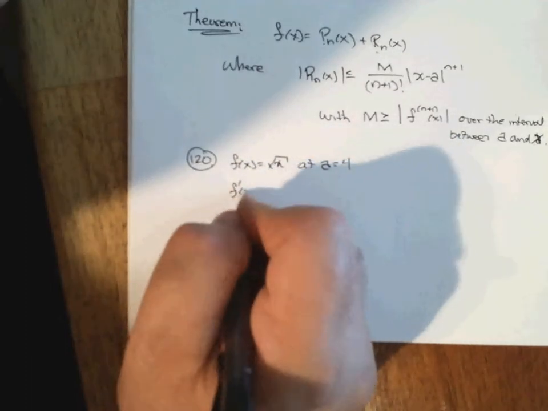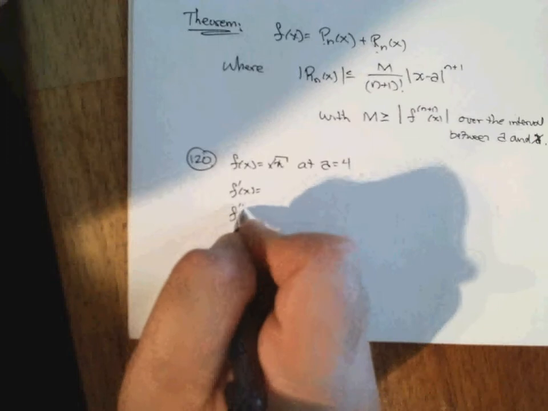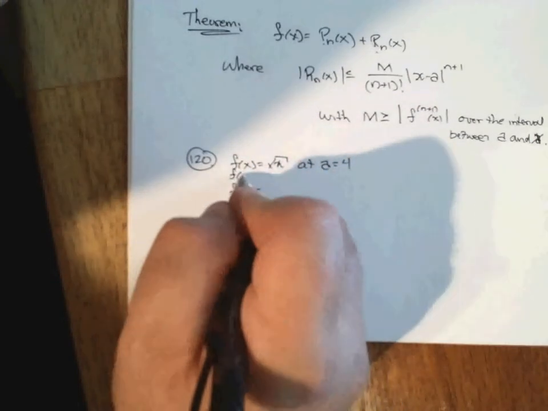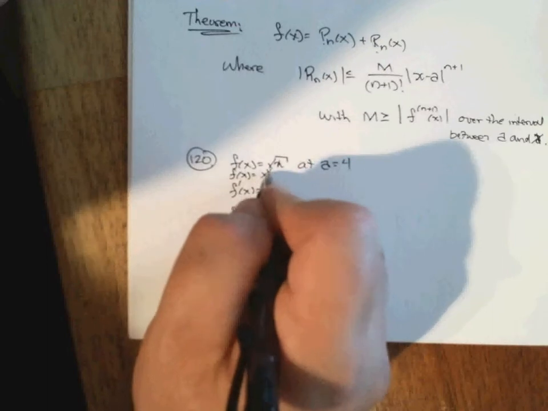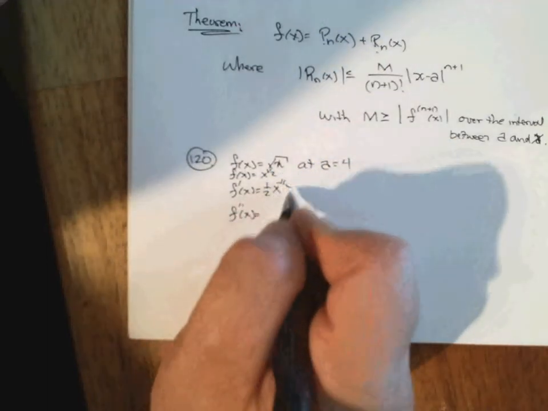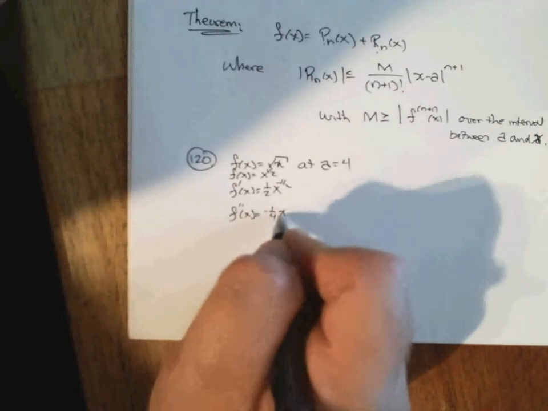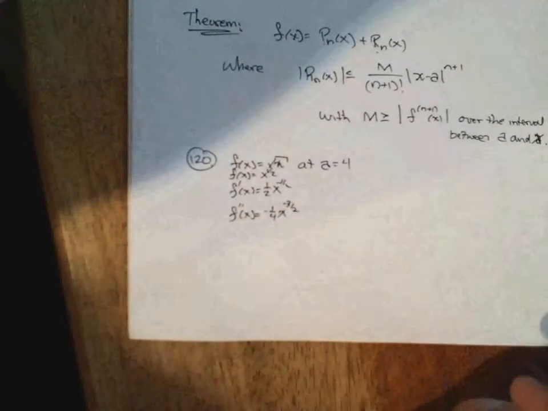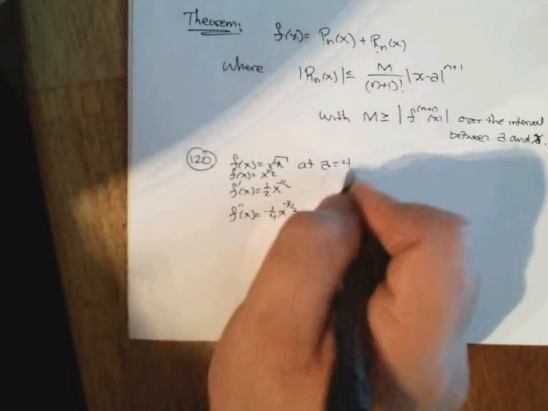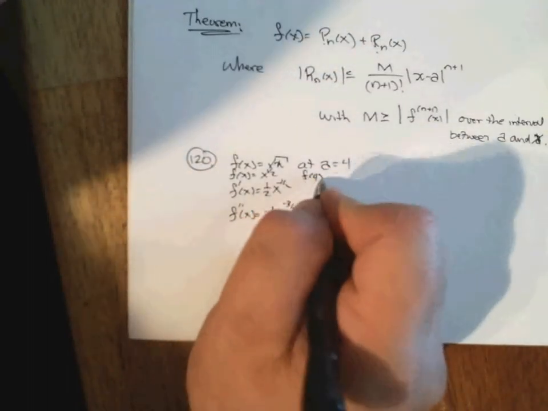So that means I need f, I need f prime, and I need f double prime. Well, I'm going to rewrite f as a power. That way I can take its derivative easily. There we go. You're going to then evaluate f, its first and second derivatives, at the center 4.